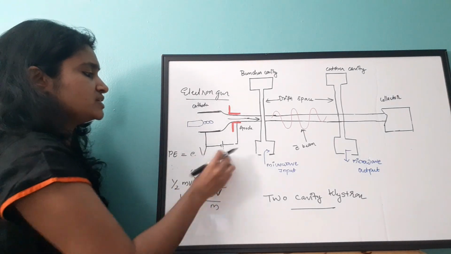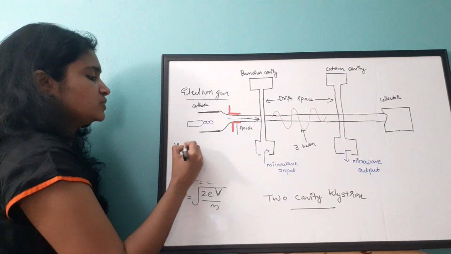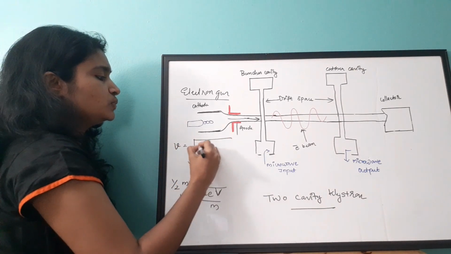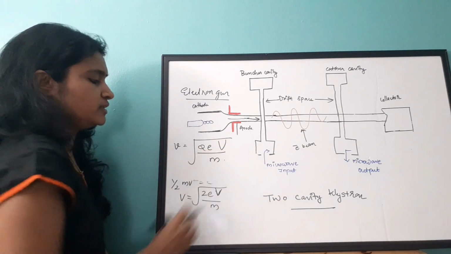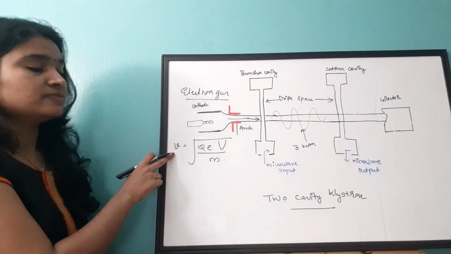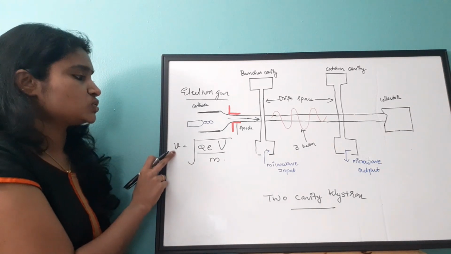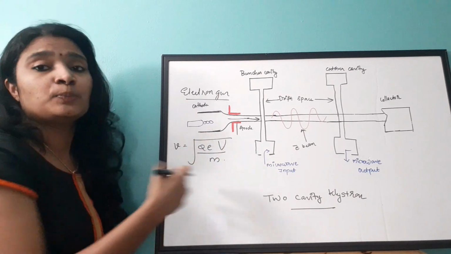I'll write it once again here. Velocity v is equal to the square root of 2eV by m, where m is the mass of the electron. This indicates that the velocity of the electron is affected by the applied potential.